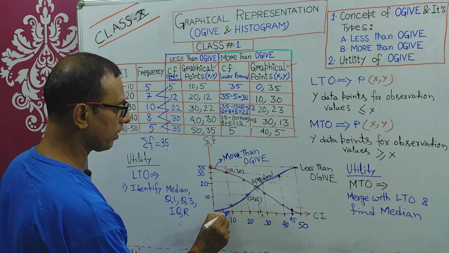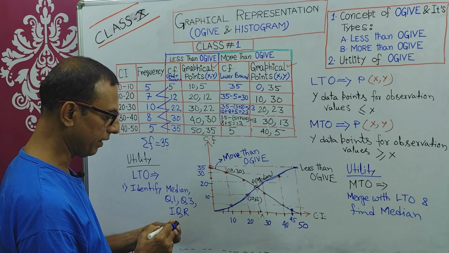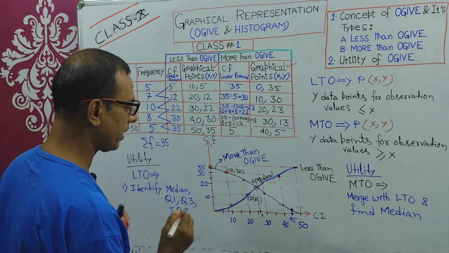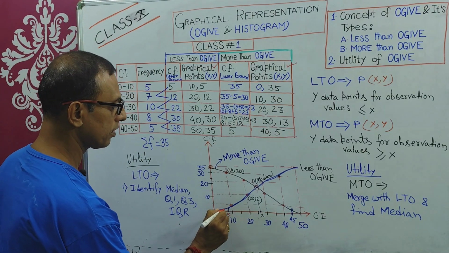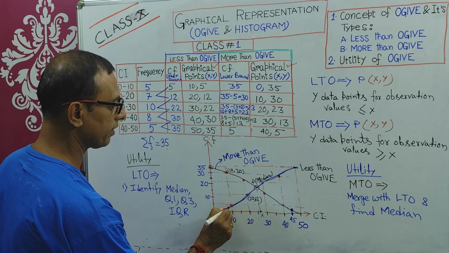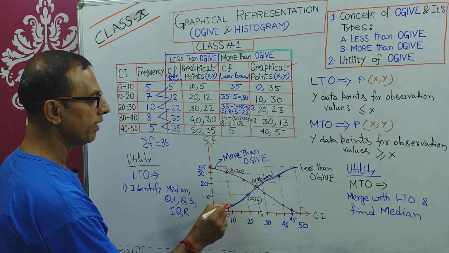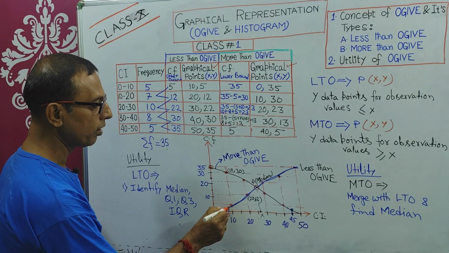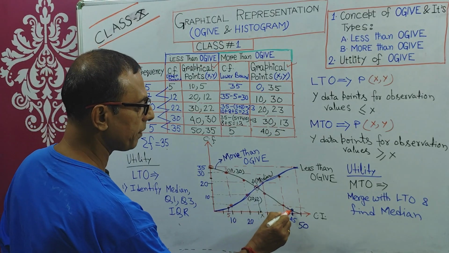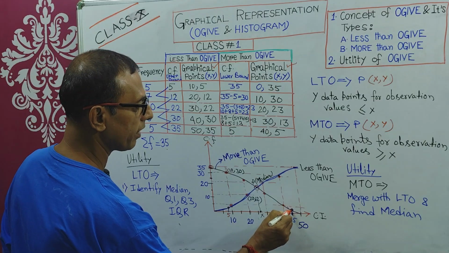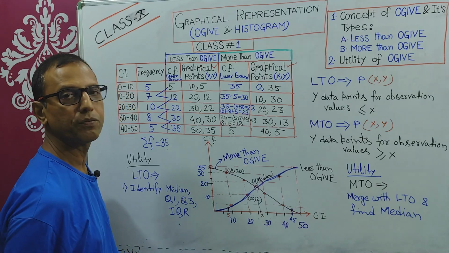There you draw the perpendicular, and where it intersects the less than ogive curve, that y-axis value means this many number of students scored 5 or below, and this many number of students, the point on the more than ogive curve, scored 45 and above.